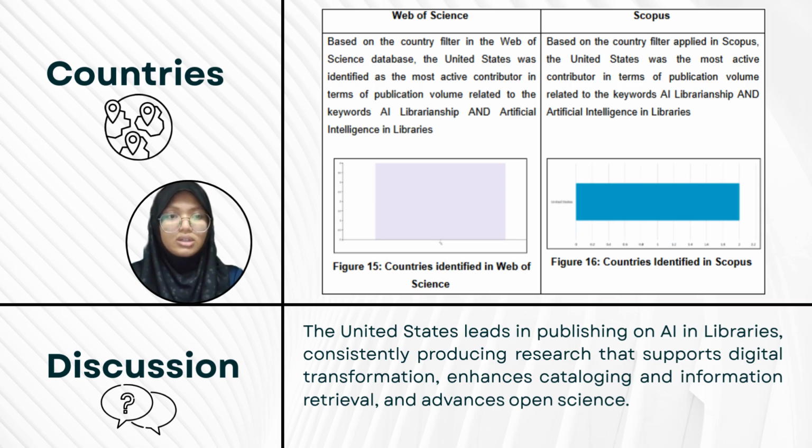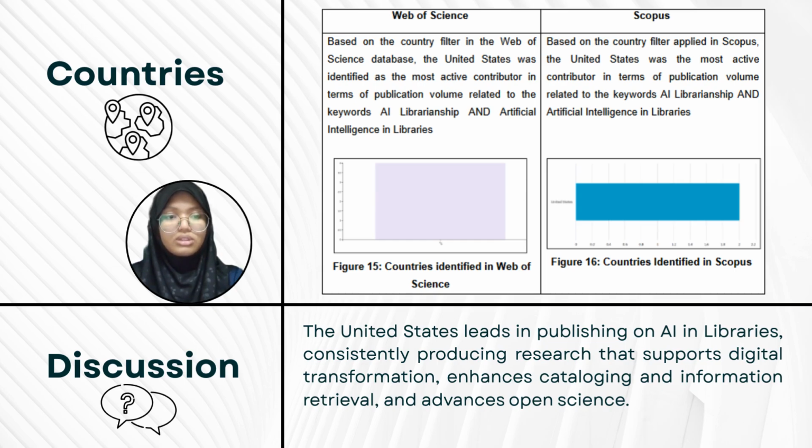In Scopus, based on the country filter applied in Scopus, the United States was the most active contributor in terms of publication volume related to the keywords AI librarianship and artificial intelligence in libraries.